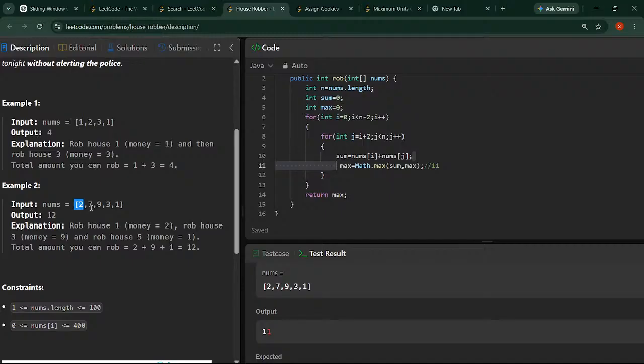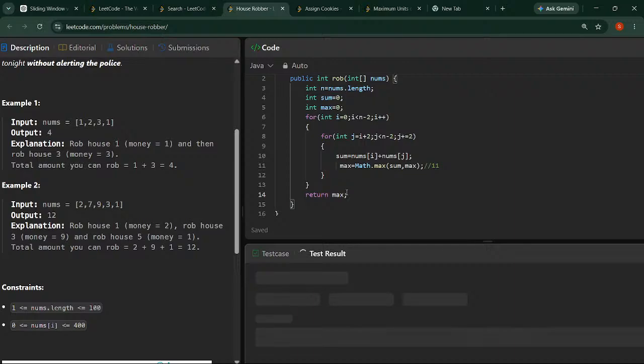Okay, 2 and 9. 2 and 3 and 2 and 1. Rob house 1. Rob house 5. Total amount you can rob is okay. I should go. I think J also should jump from plus equal to 2, and I should do minus 2. I guess.